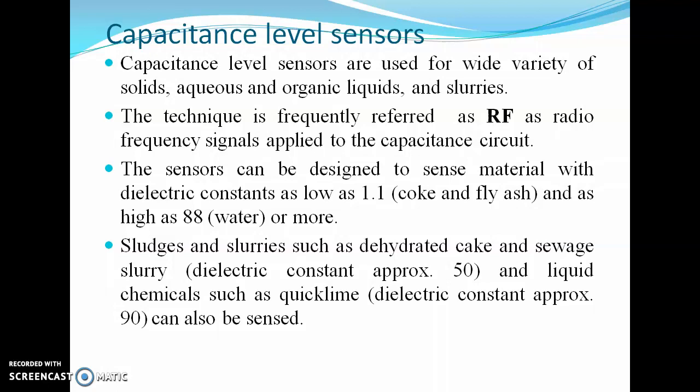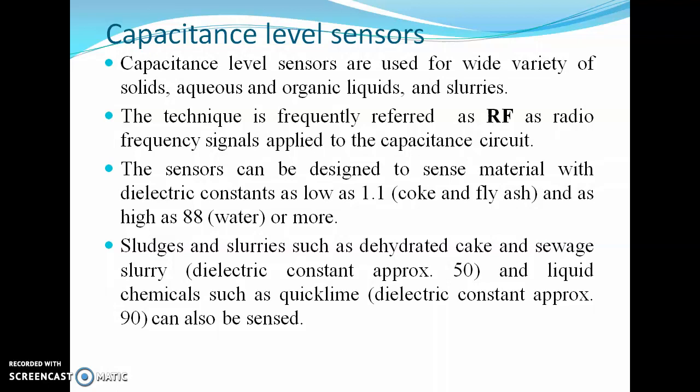Capacitance level sensors are used for a wide variety of solids, aqueous and organic liquids and slurries. So to check the level of these materials like solids, aqueous and organic liquids and slurries, capacitance level sensors are used.